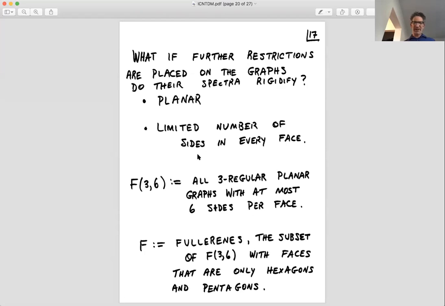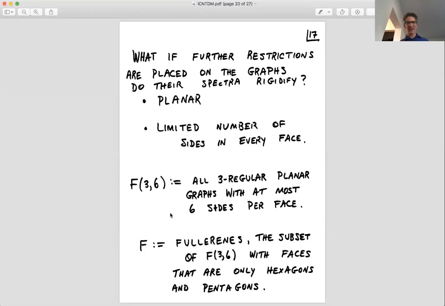Now a planar graph has a realization, essentially unique, in terms of faces. So you have a 3 regular graph, and you could limit the number of sides of your faces. Let me call F36, of course the definition could be generalized, all the 3 regular graphs which have at most 6 sides per face.